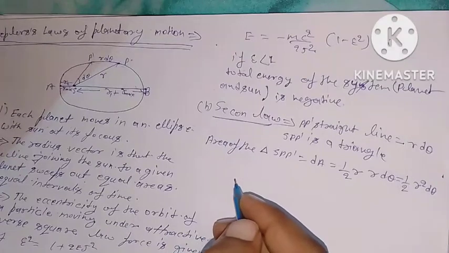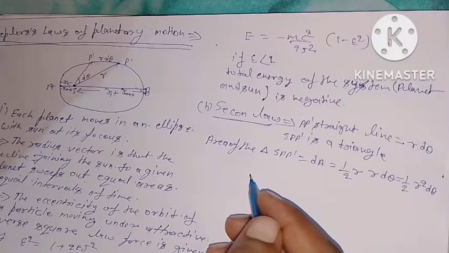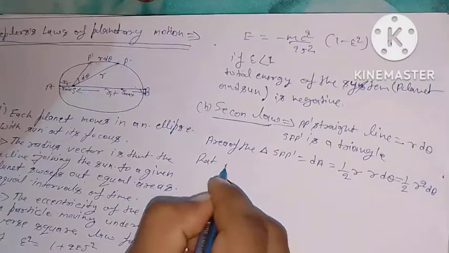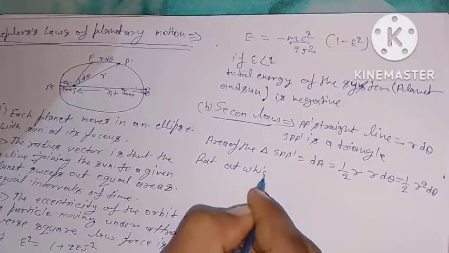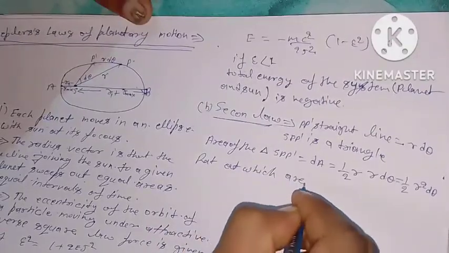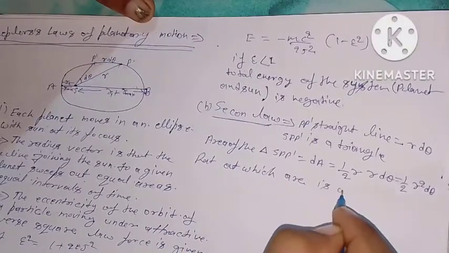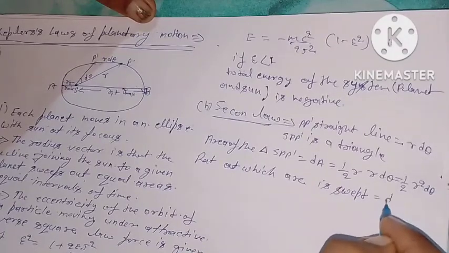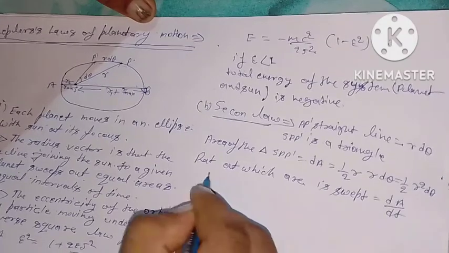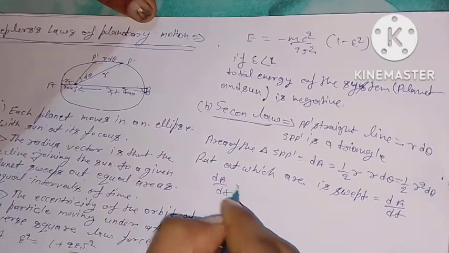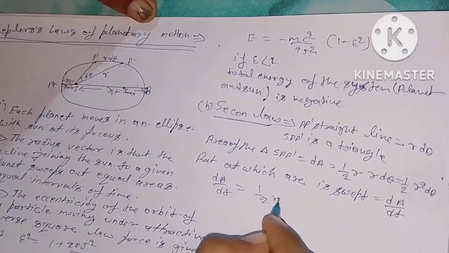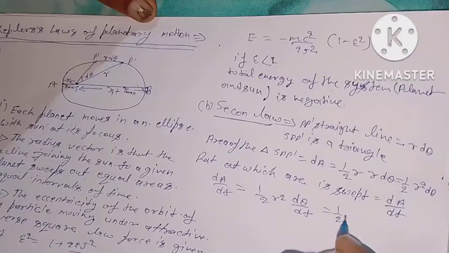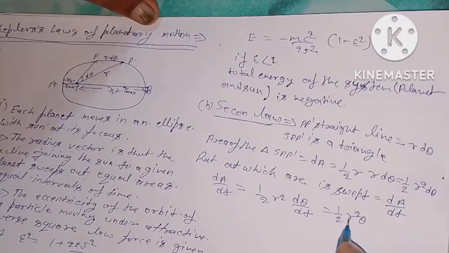This is the area swept out in a time dt. The rate at which area is swept is dA upon dt, equal to 1 upon 2 R square d theta upon dt, equal to 1 upon 2 R square theta dot.